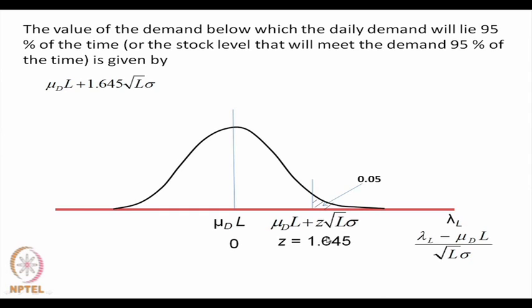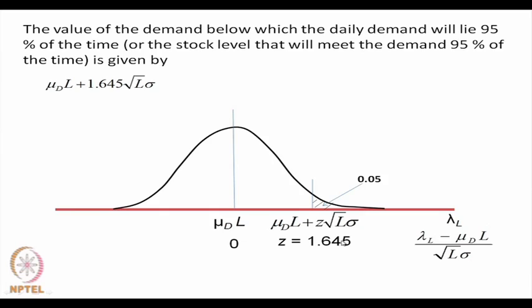Normal distribution tables are available in the appendix of any book on probability theory, and one can find out corresponding to 0.05 what is the value of Z, and the value of Z is 1.645.